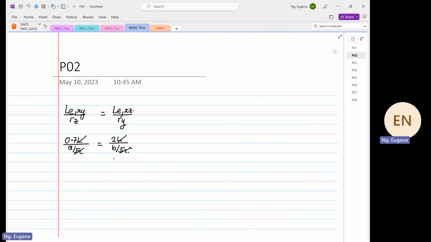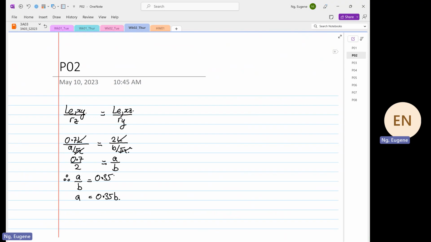So A over B is equal to 0.7 divided by 2. Right? So therefore, the A over B ratio is equal to 0.35, or A is equal to 0.35 B.